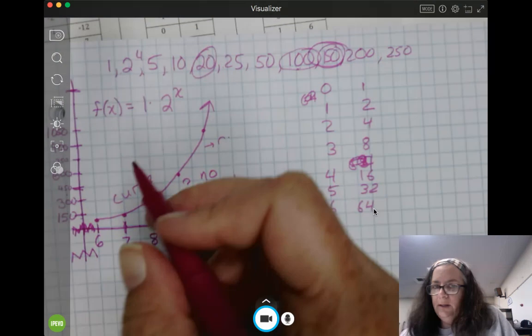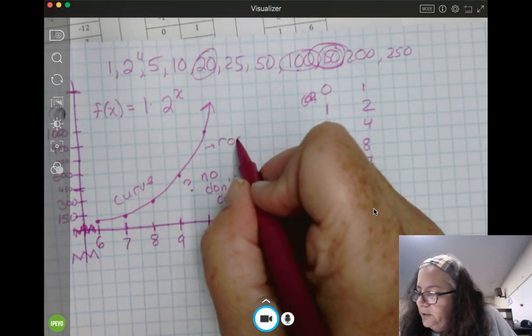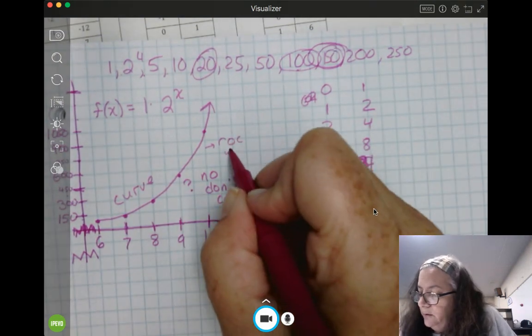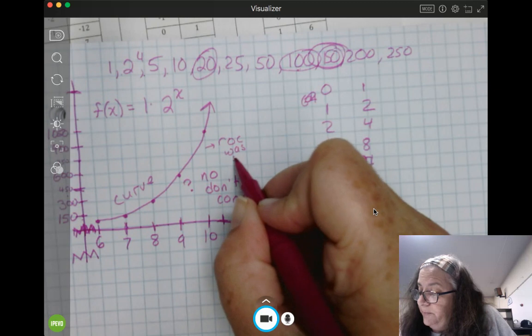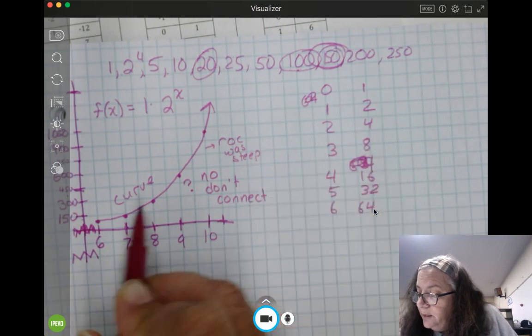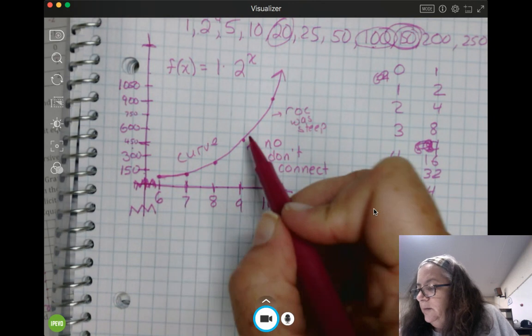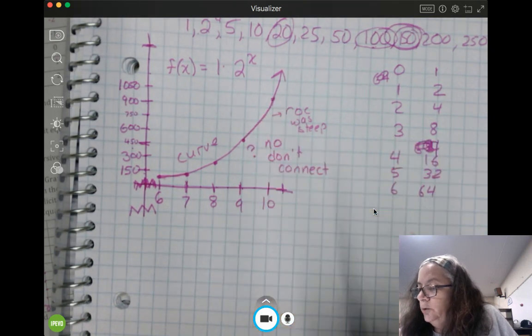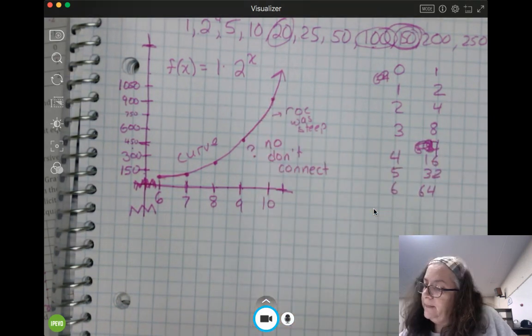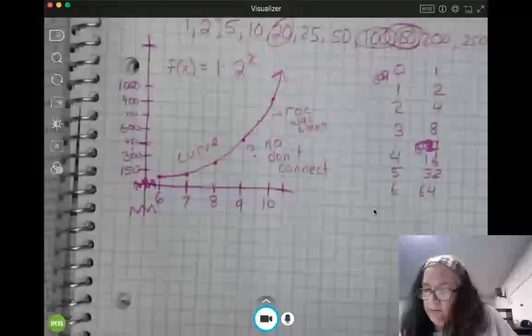I'm going to put it's a curve, and this rate of change from 9 to 10 was steep. Like this rate of change was real lame, right? Just a little. But then here it's like whoosh. Okay, so that gives you an example of how you're supposed to do that.